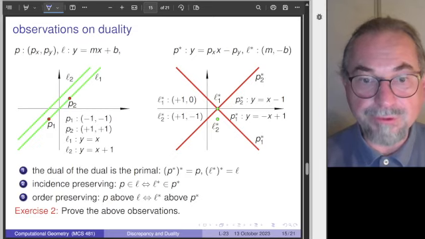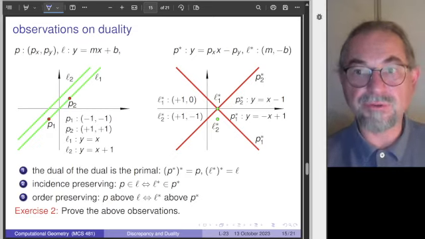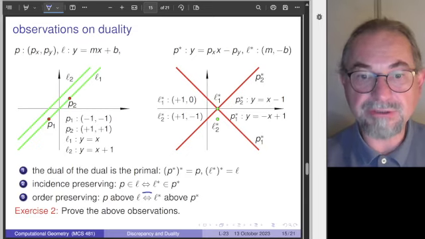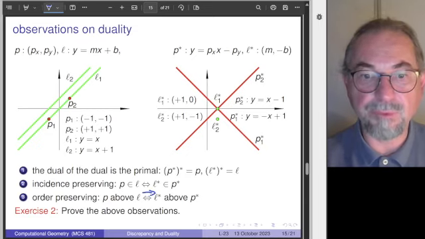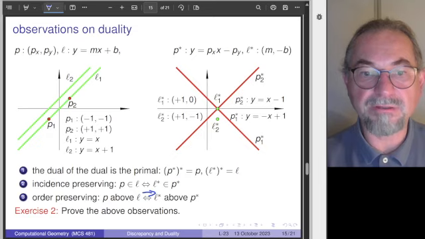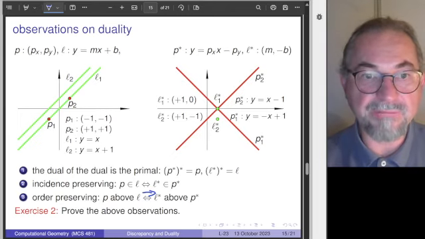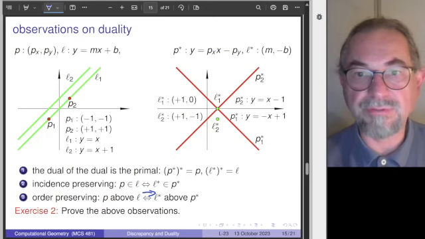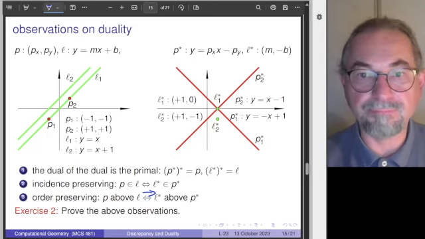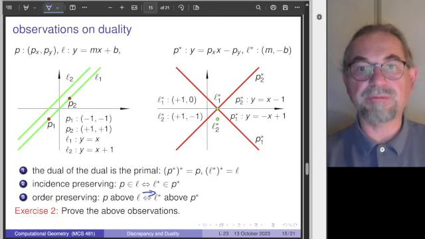If you prove order preserving, this is an if and only if, so you should prove both directions. If the point is above the line, then the dual of the line is also above. You can verify this here. Here we have a point P1 that is below L2. So we see here that the dual of L2 is below the dual of P1.